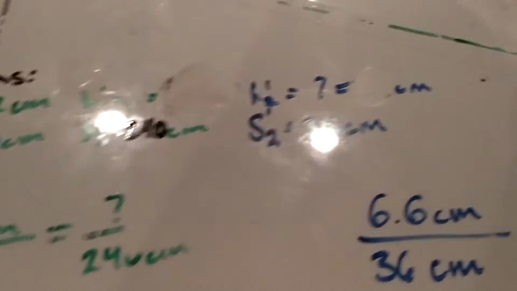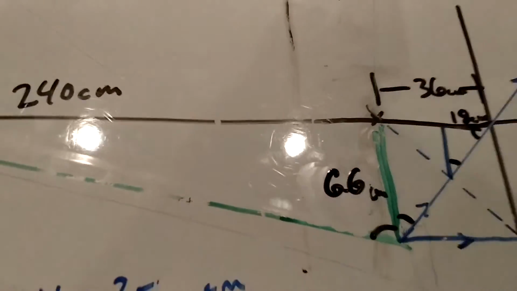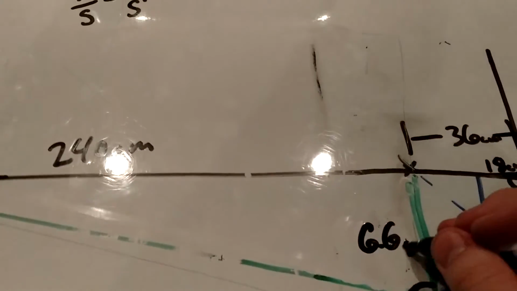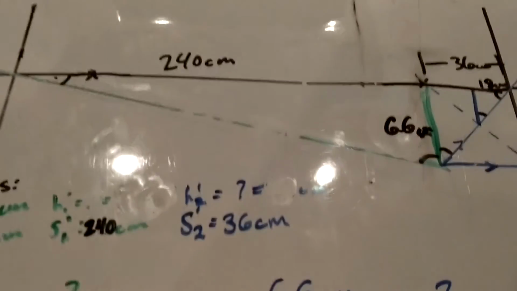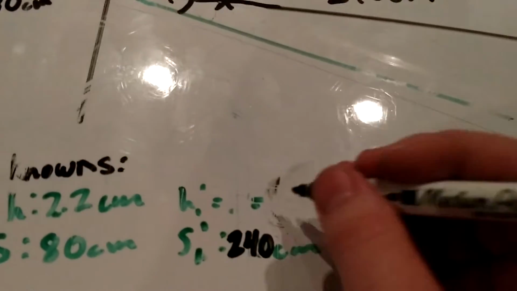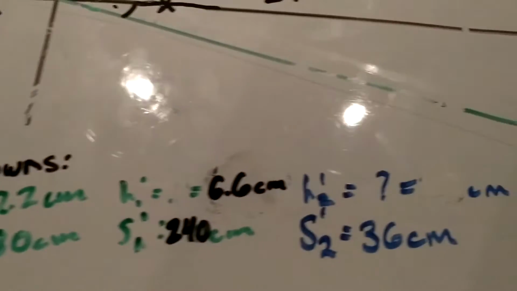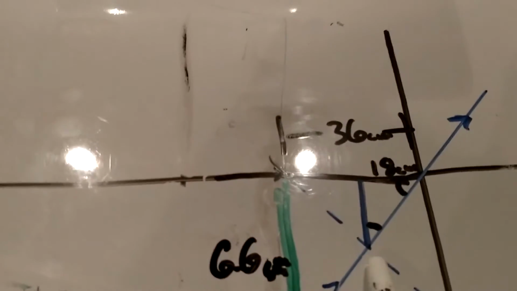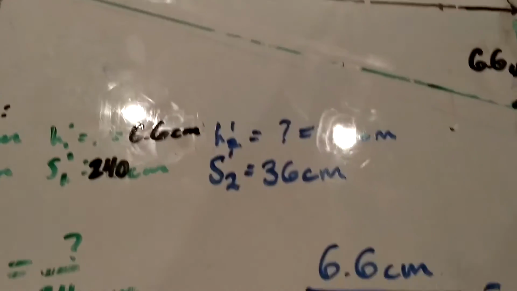So, this image right here, 6.6 centimeters. Beautiful, gorgeous. All right. So now that we know that this is 6.6 centimeters tall, we can go for this image's height, because we have all that we need for the ratio.